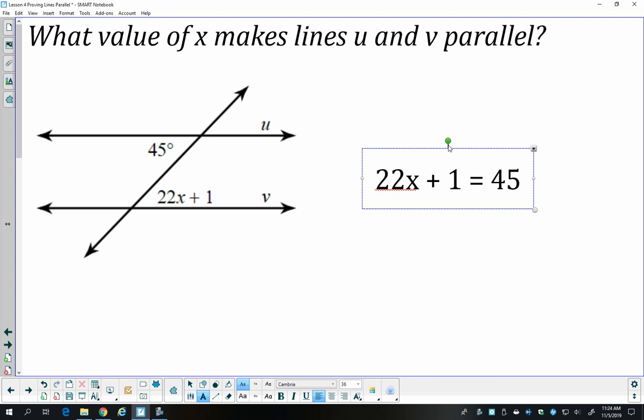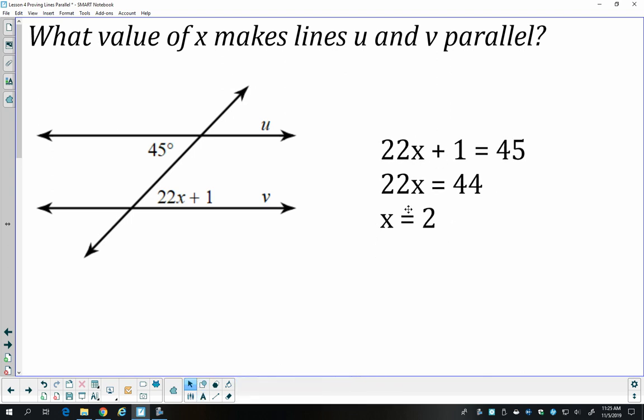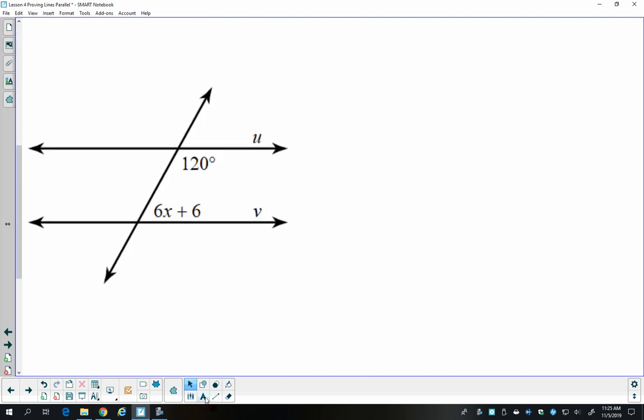So I can set up an equation, and I can solve that equation for x. I'm going to subtract 1 on both sides and get 22x equals 44. Divide by 22 on both sides and get x to be 2. I'm skipping some steps here, hoping that you know what I'm doing when I subtract 1 and divide by 22. I'll do a couple more.